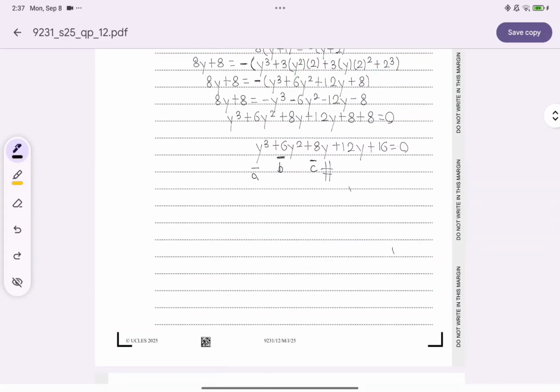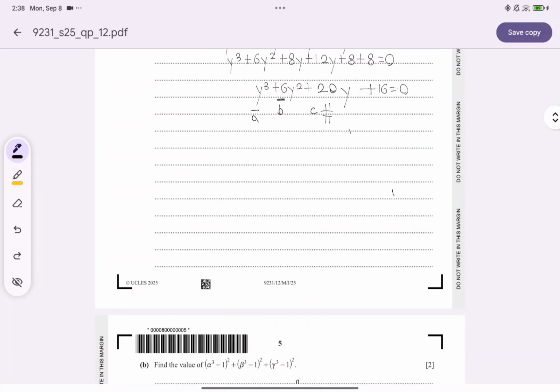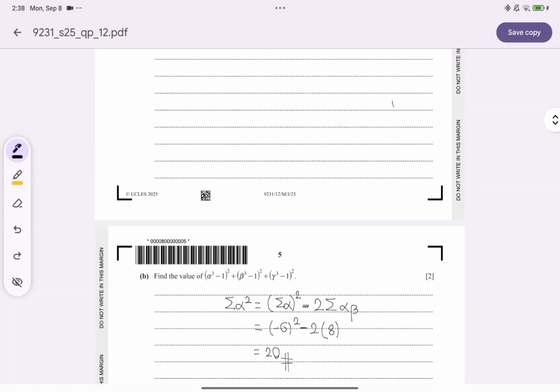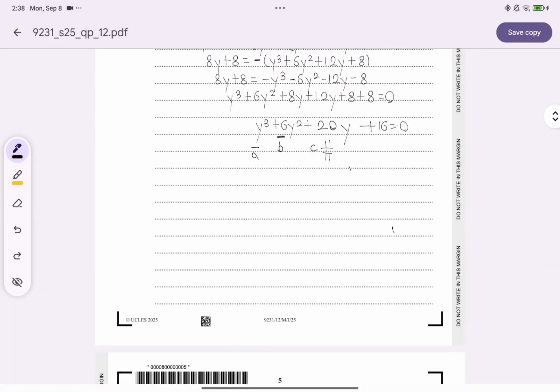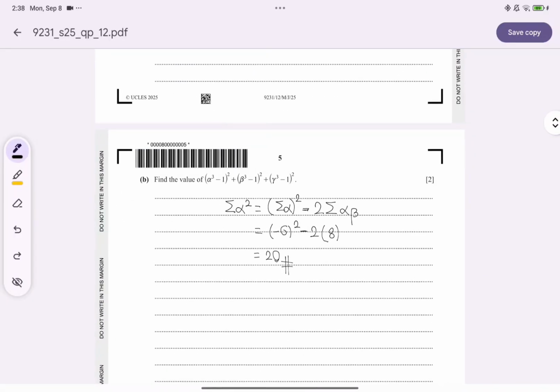Oh, I just realized, sorry, I have not simplified this. This is supposed to be 20y. Okay, so this is the final answer, y cubed plus 6y squared plus 20y. Wait a minute. Sorry, this means that my answer here is wrong.